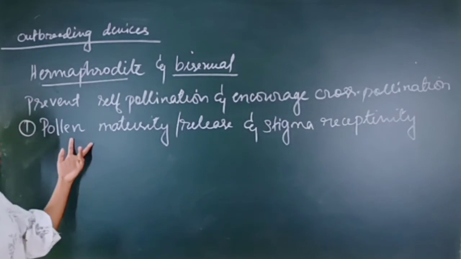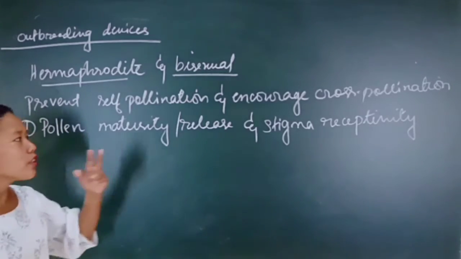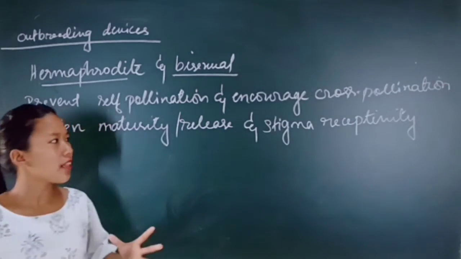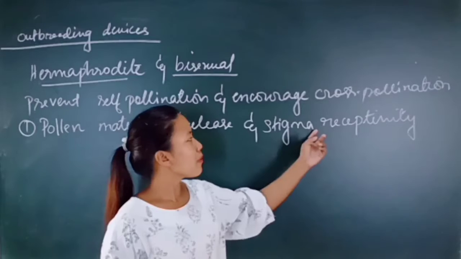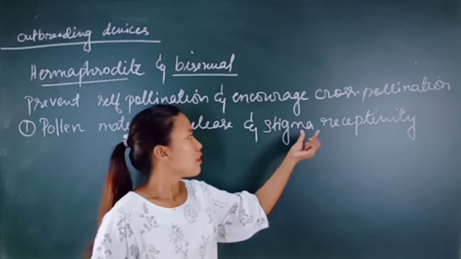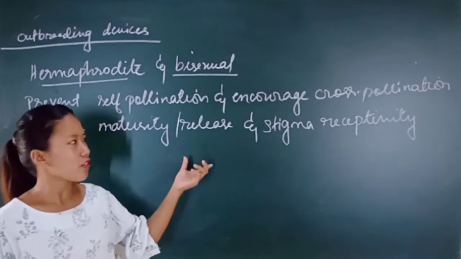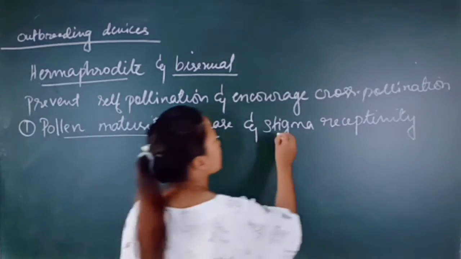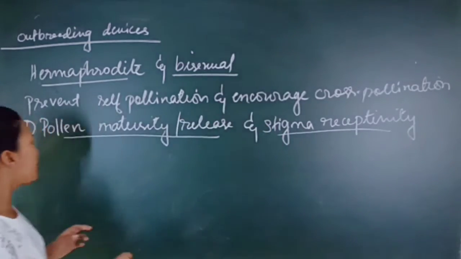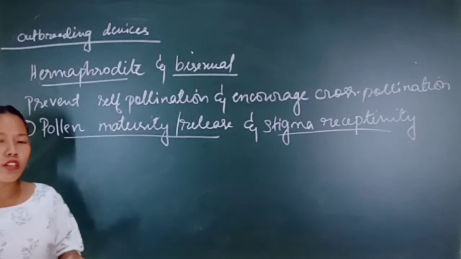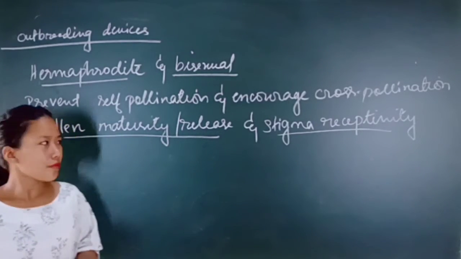So the maturity of pollen grains, or the release of pollen grains from the anther, and the stigma receptivity, that means when the stigma is ready to receive these pollen grains, these two are not synchronized. Not synchronized means they do not take place at the same time, okay?